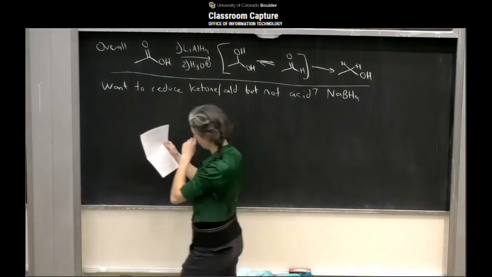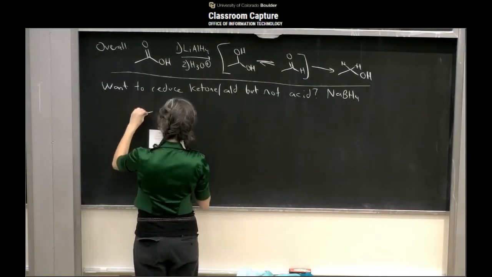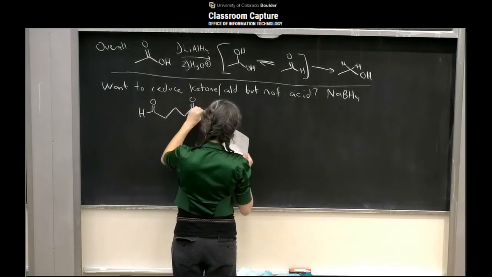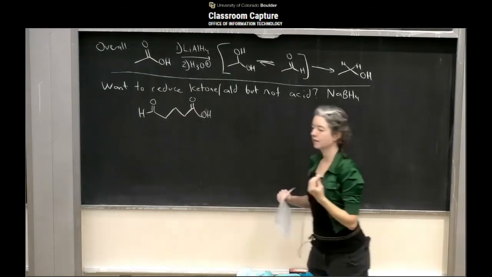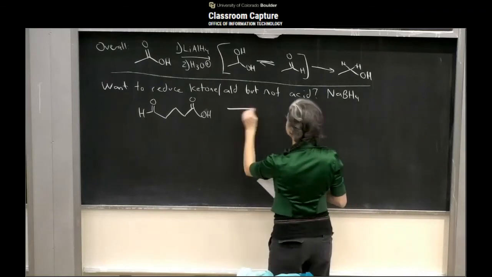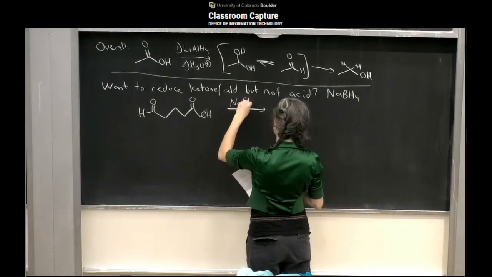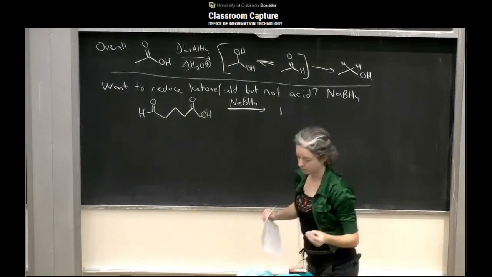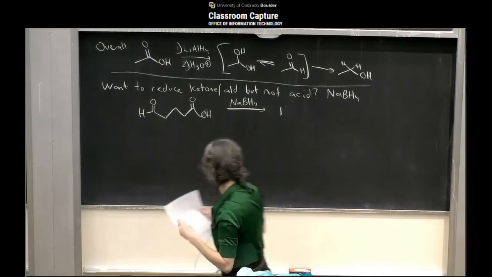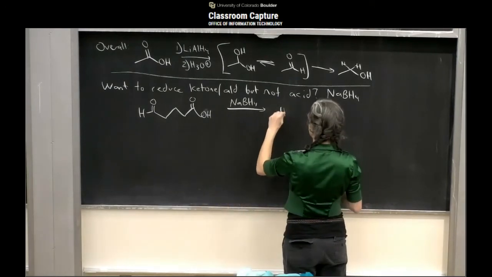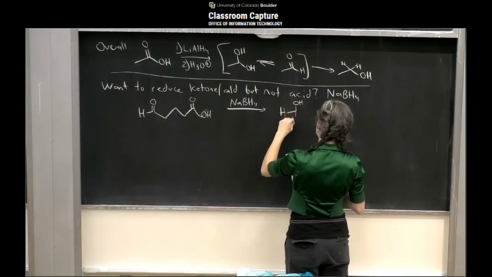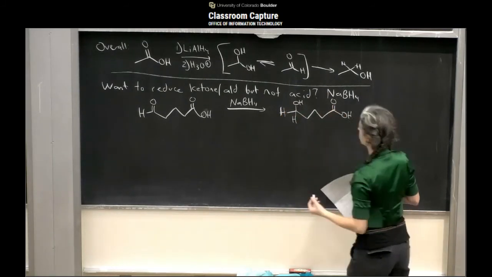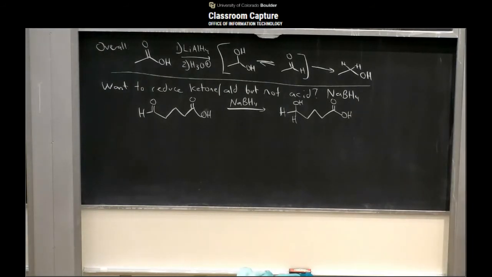So we got an aldehyde at one end and a carboxylic acid at the other. Hitting this thing with NaBH4 is only going to go for the aldehyde end of things.